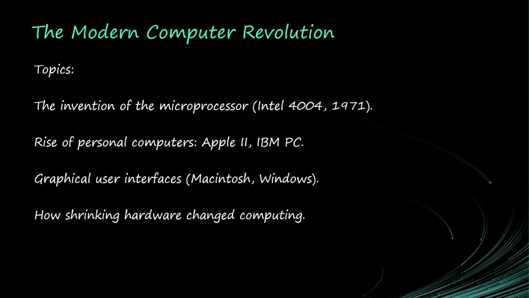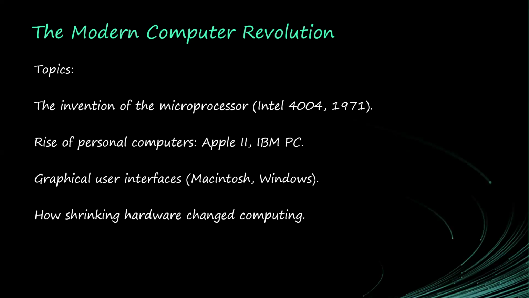Remember, most of the computers that were created before were not personal computers. They were big computers. The first two personal computers were the Apple II and the IBM PC. We also take a look at graphical user interfaces, how computers started having them.